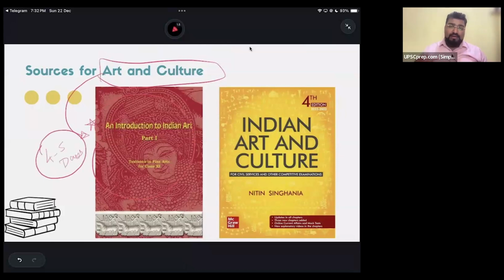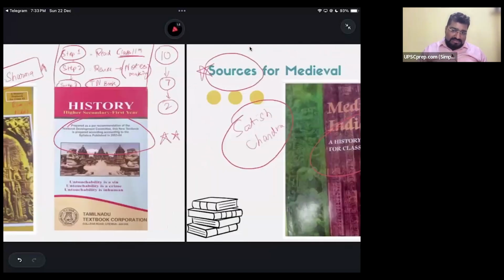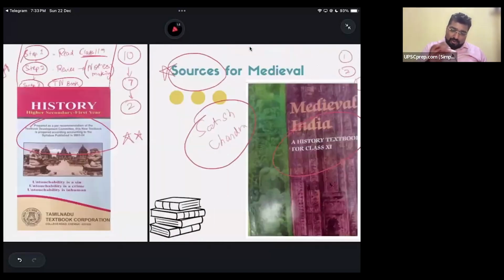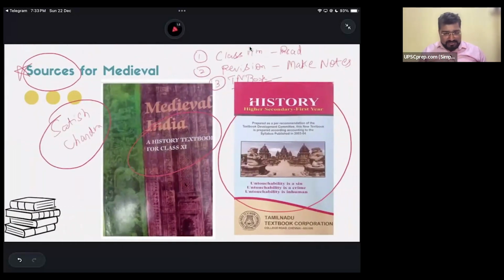Now, many of you have a tendency to complicate sources, right? I will simplify it. Either read fine arts or read Nitin Singhania. My personal choice is that the fine arts book be supplemented with these particular sources, that is, old NCERT Tamil Nadu, then old NCERT medieval and Tamil Nadu history, and that's fine.